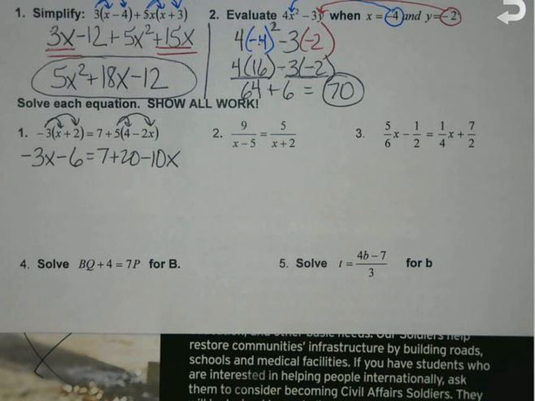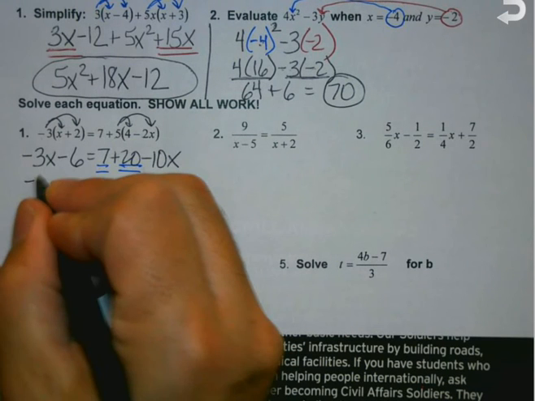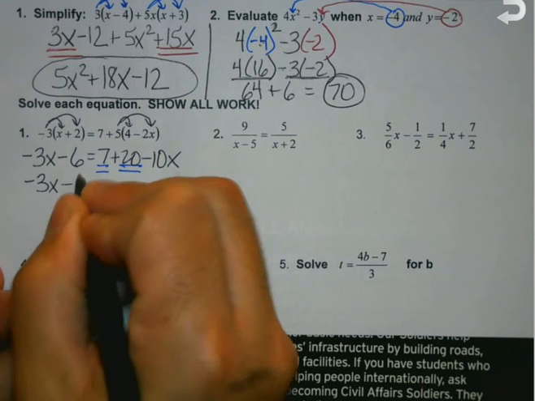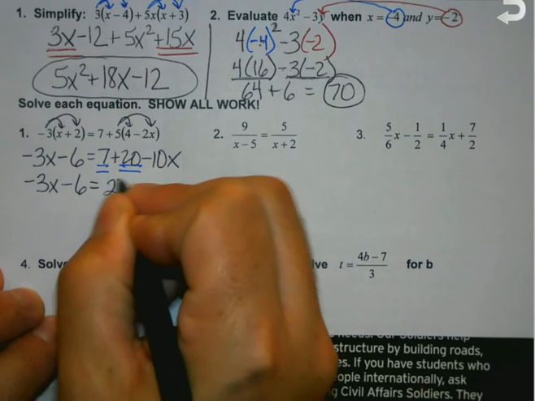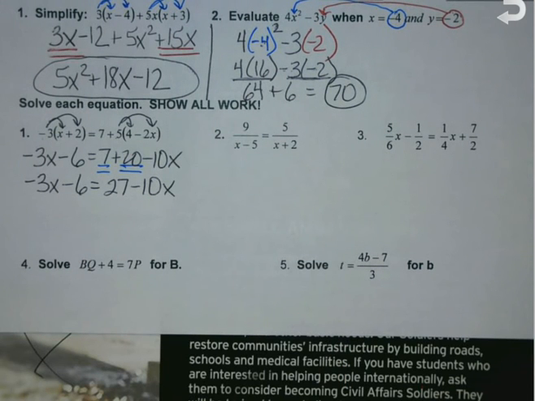Once we get distributed, if there's any like terms that are on the same side of the equals, now it becomes your choice. If I want to get all the x's together, I can.